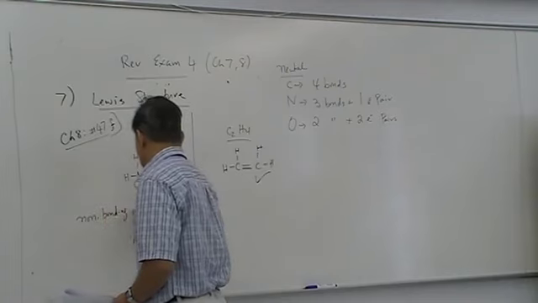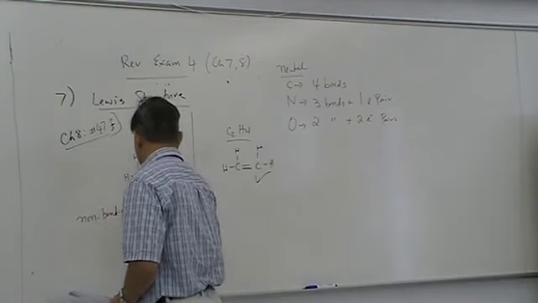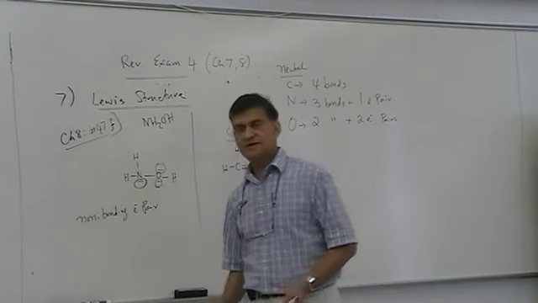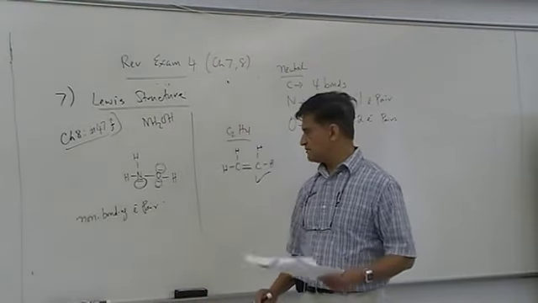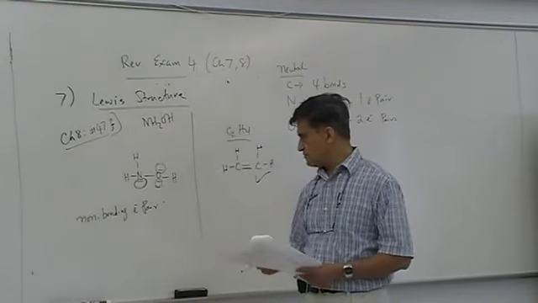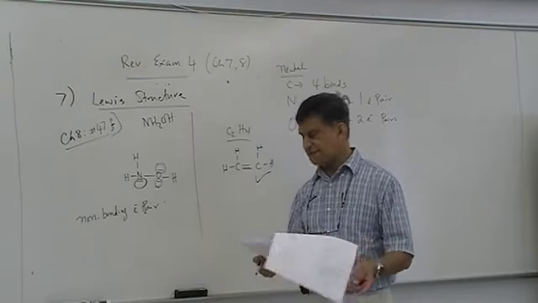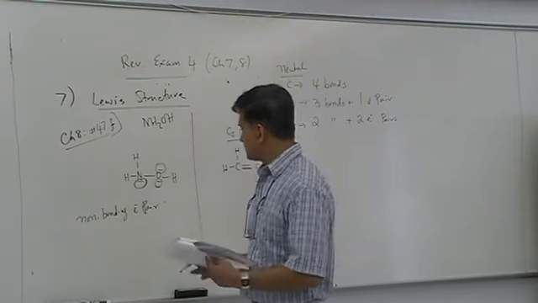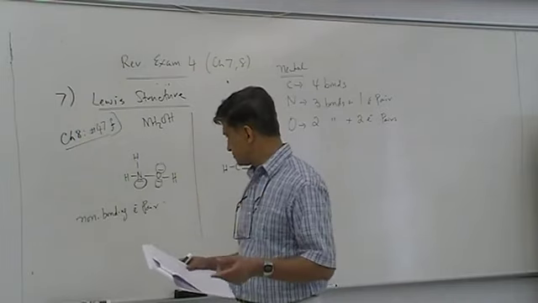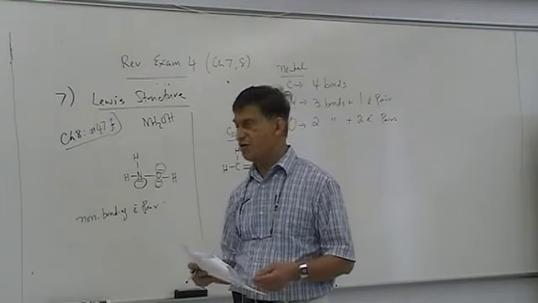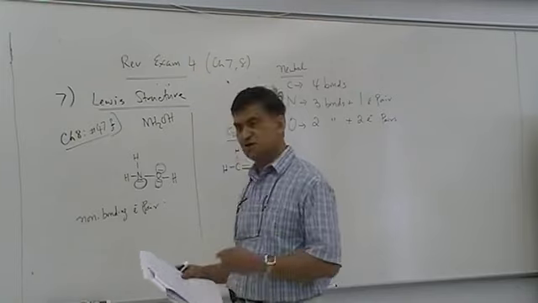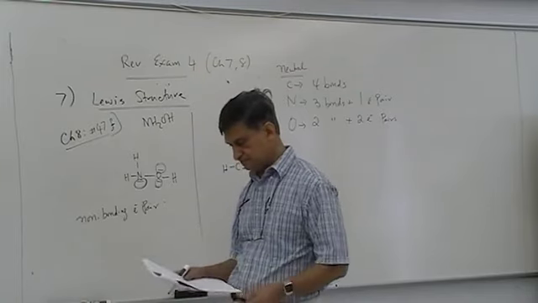The pairs of electrons that are solely on a particular atom are called non-bonding electron pairs. In the exam, I'll specify to give the total number of non-bonding electron pairs on nitrogen or on oxygen or on a central atom.